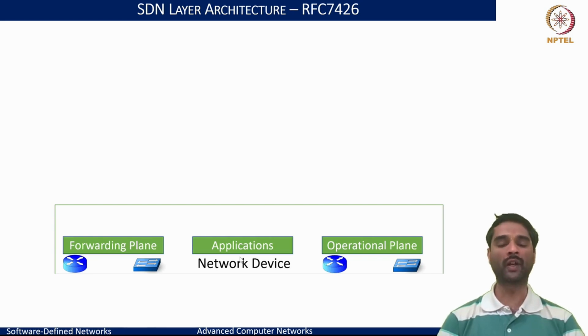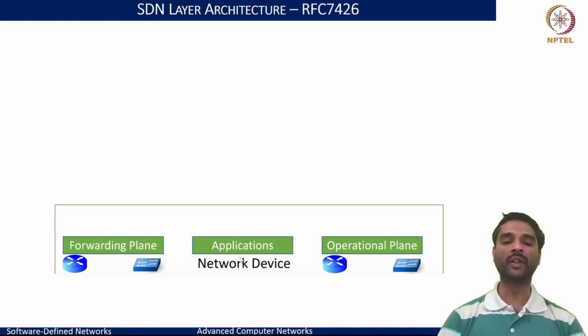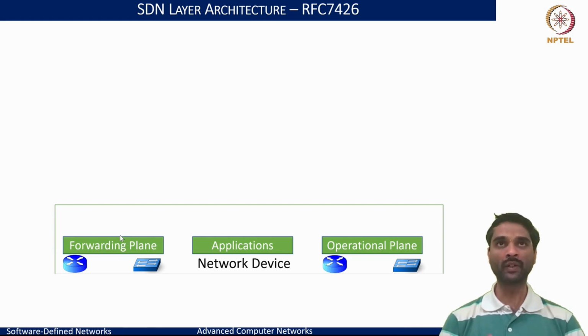And in the view of SDN architecture, these network devices consist of two key planes. One, the data plane, also known as the forwarding plane, and the other, the operational plane. What we mean by them is basically the forwarding plane is the one that is responsible for handling the packets in the data path based on the instructions that it would receive from the control plane, and take necessary actions to forward the packets that it receives.